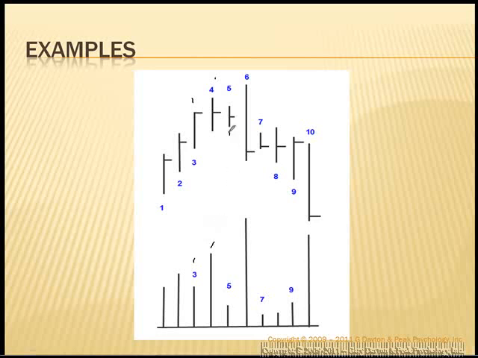On bar 5, this is how I would read this. We now have a clustering of closes all in the same area. Over 3 bars, I don't know if this is 3 months or 3 weeks or 3 5-minute bars, but whatever it is, over 3 successive time periods, we've been unable to move the market higher.